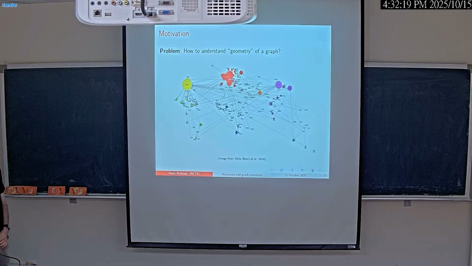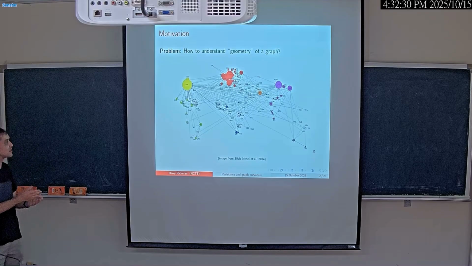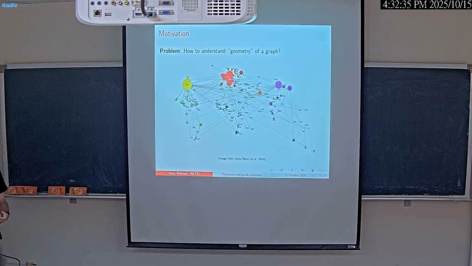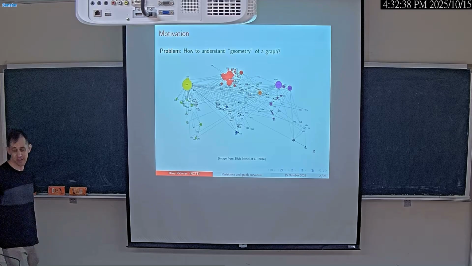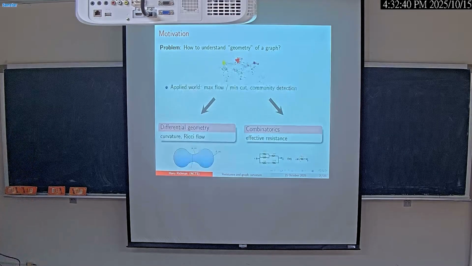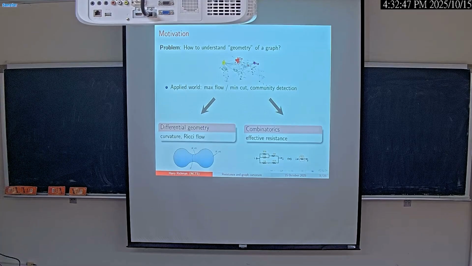Maybe we could study centrality on a graph to have a way of describing a country's importance within a trade network. When we're talking about economics, there's probably a lot of other things that are relevant here, other than just the graph theory. But graph theory could play one input to understanding this kind of economic problem. Given some real-world network, we often want to solve problems like max flow min cut, or community detection problems, and this will be useful somehow to the real world.